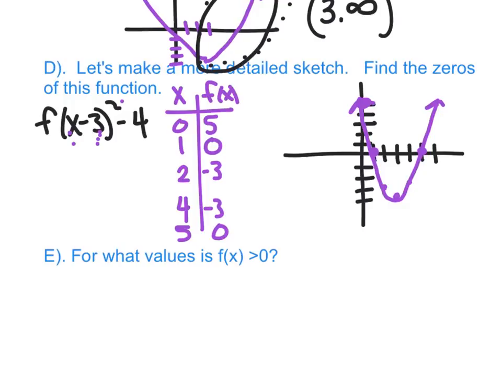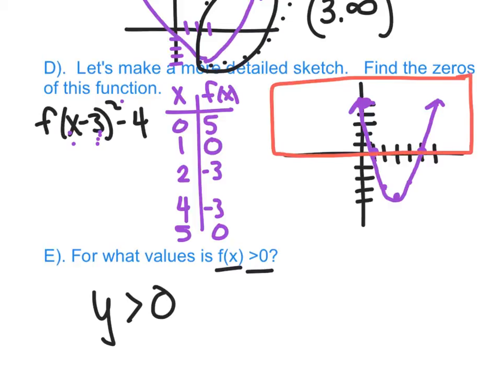Part E, for what values of x is f of x greater than 0? Okay, so now I'm basically saying, when are the y values greater than 0? If I look at this picture, my y values are greater than 0 anytime I'm above the x-axis. So I'm just going to box it in. I need to describe this section. Now you'll notice if you ignore the bottom half here, there are 2 pieces.